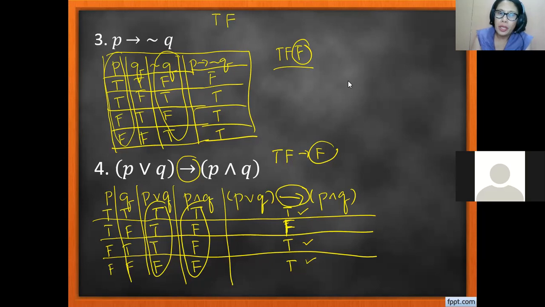What we will follow is the TF. If the premise is true and then the conclusion is false, automatically that is false. Otherwise, everything is true. So, if it's a true premise, it should be a true conclusion for that to be true. Now, if the premise is false, whatever the conclusion, whether it's true or false, it will still be a true statement. So you just have to watch out for the TF. It's TFF, something like that. Okay.